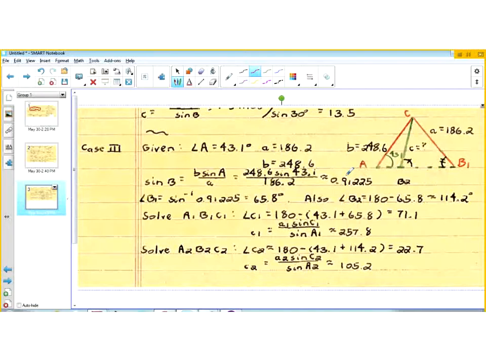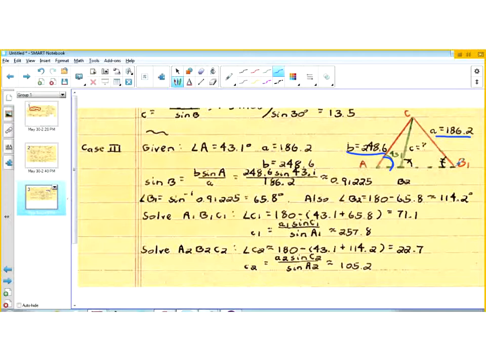In this problem, we want to solve triangle ABC if angle A is 43.1 degrees, the length of side A is 186.2, and the length of side B is 248.6. So let's proceed to solve it.